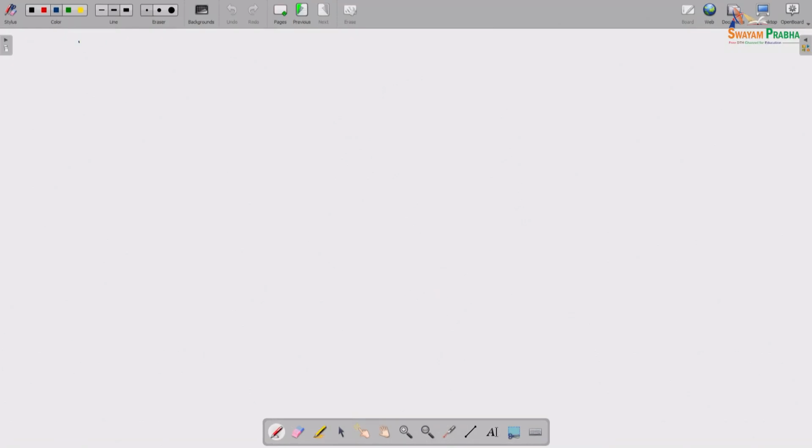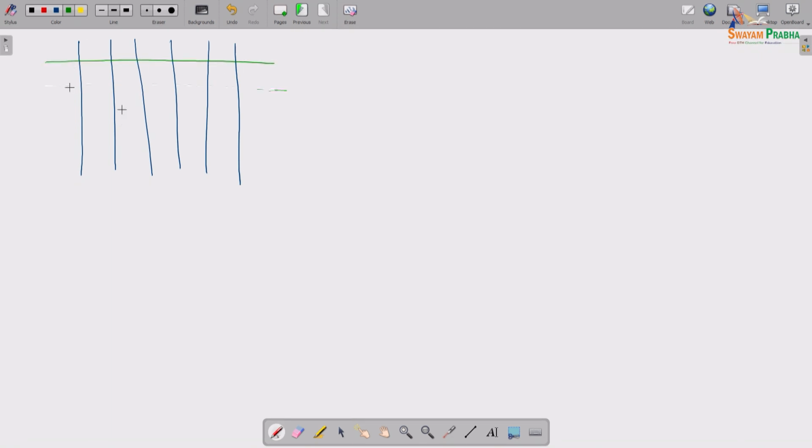Usually these are equally spaced. Okay, and we draw an axis.